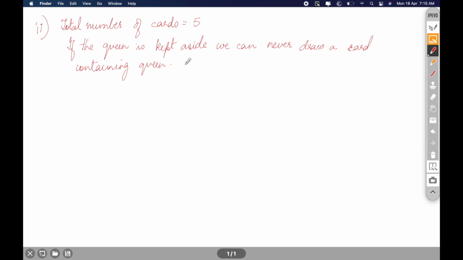Therefore, the probability will be 0. So, probability of drawing a queen will be 0. So, in this case, the correct option to the question is C.